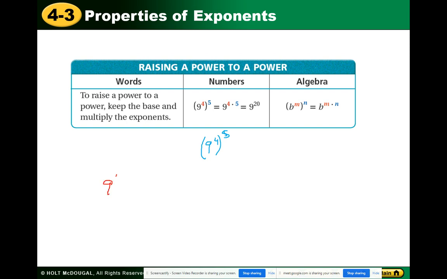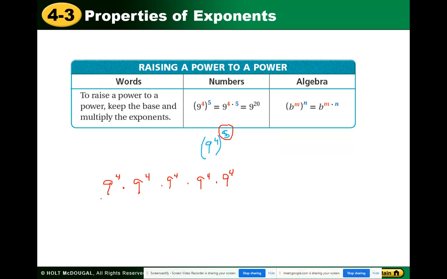So 9 to the 4th times 9 to the 4th times 9 to the 4th times 9 to the 4th times 9 to the 4th, right? Because this 5 said take whatever is inside parentheses and do it 5 times. So we had to take everything inside parentheses, and that included the exponent 4.